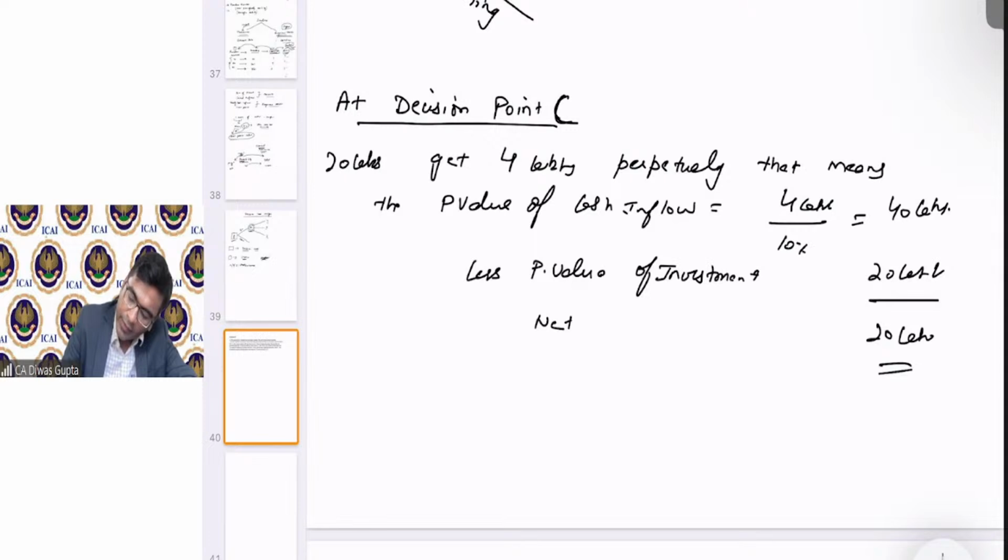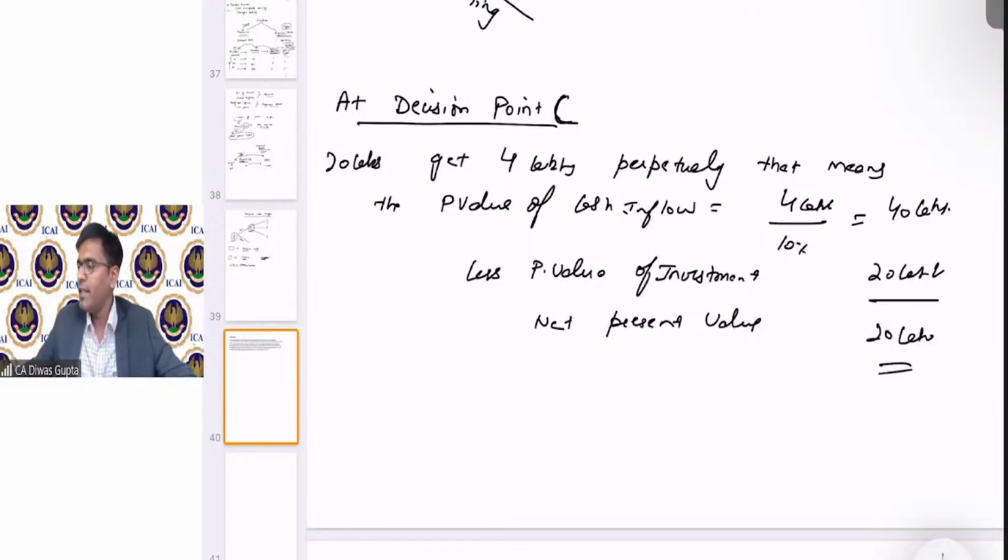So the net present value, or we also call it EMV. EMV is referred to as expected monetary value.